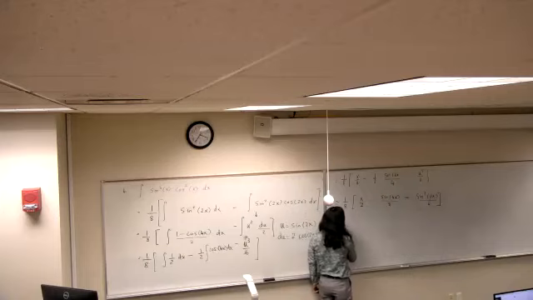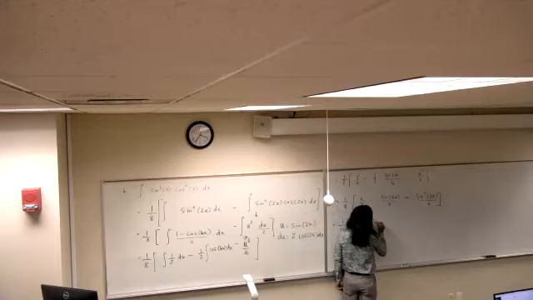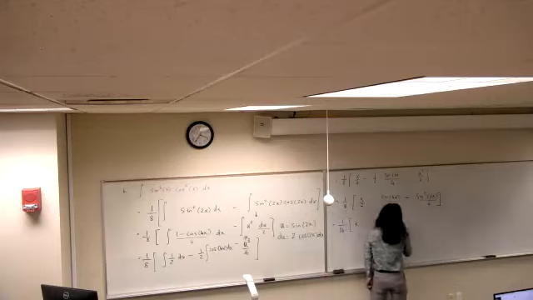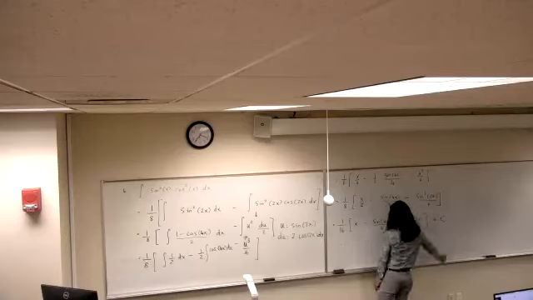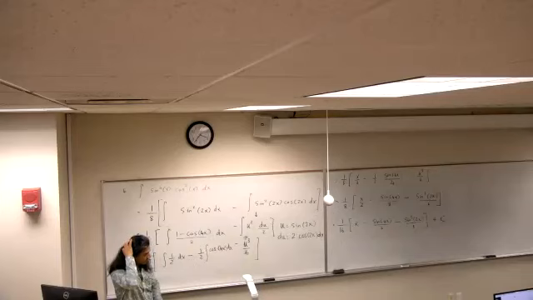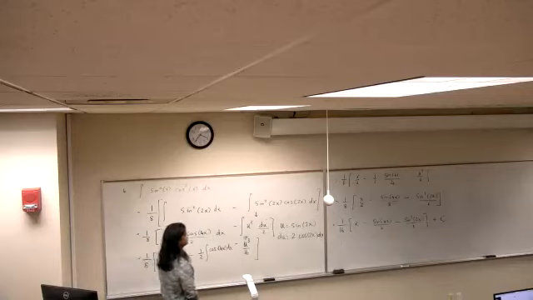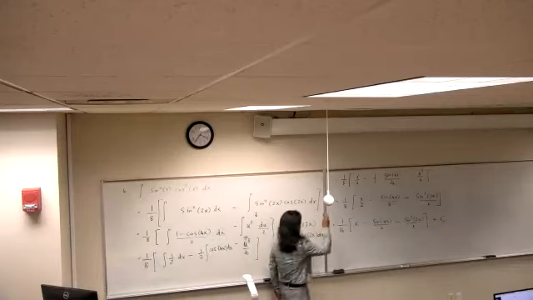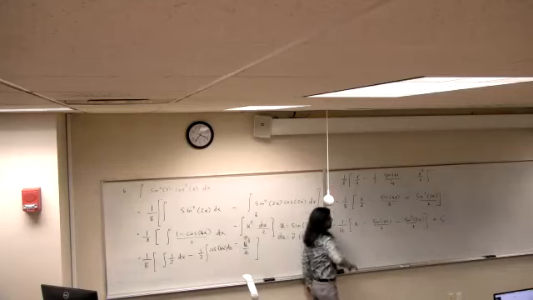So 1 over 16 x minus sine 4x over 4 minus sine cubed 2x over 3 plus 6. This ended up being relatively easy because of that one step right here.